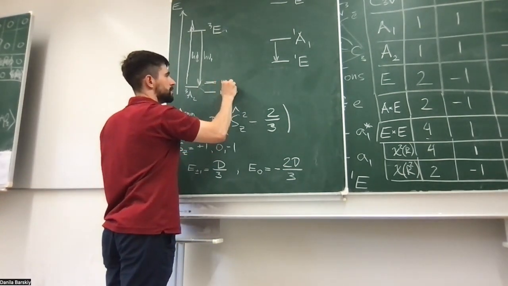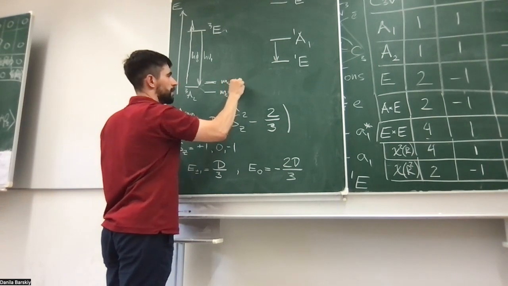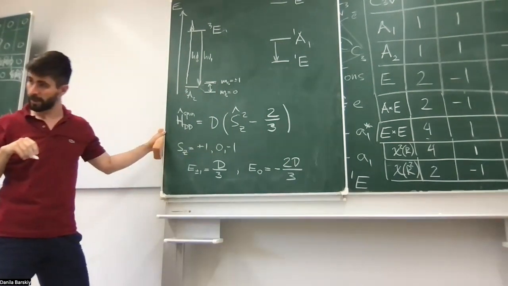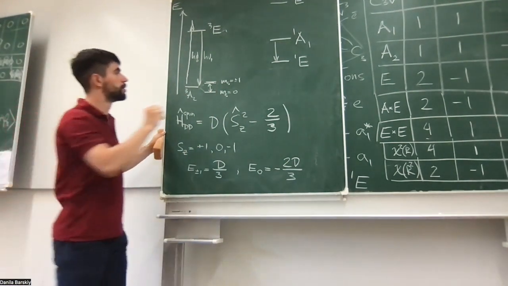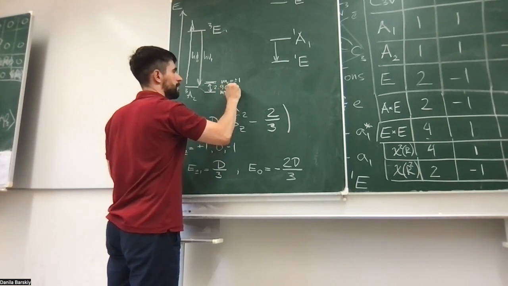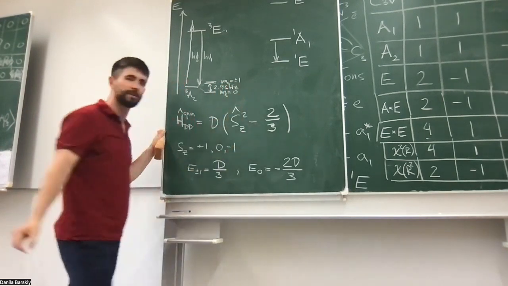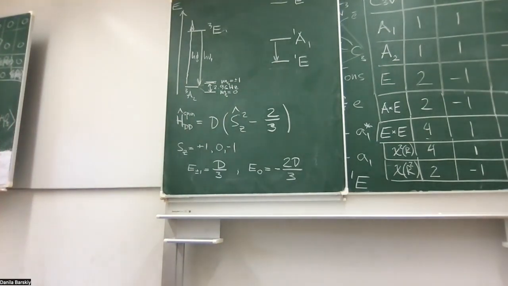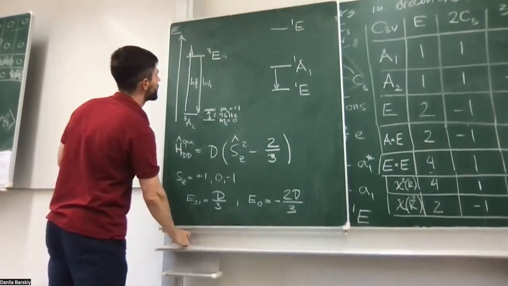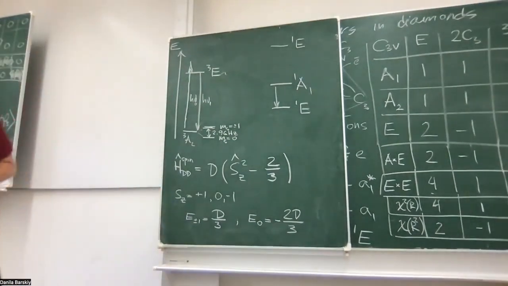This is ms equal to plus minus 1. And we know that this equals to how much? 2.8 gigahertz. Do you know the exact number? Because for this whole technology, you need to know that number because the whole fuss is about this. And actually in E3, you're going to have the same splitting. It's also triplet.